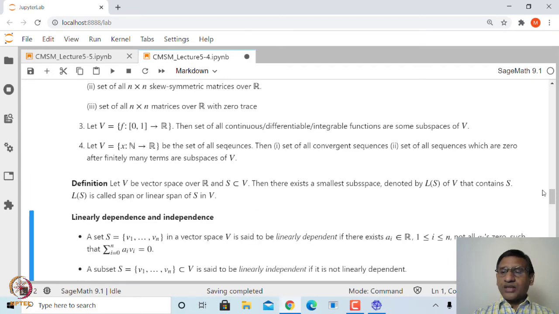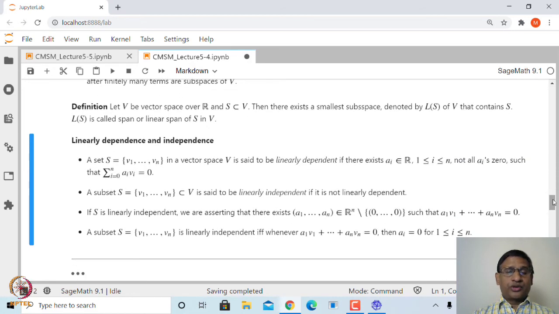Similarly, I am sure you are aware of the concepts of linearly independent and dependent. If you have a set of vectors, let us say v1, v2, ..., vn as a set S, we say that it is linearly dependent if you can find scalars a1, a2, ..., an such that the linear combination a1 v1 + a2 v2 + ... + an vn is equal to 0, and these ai's are not all 0.